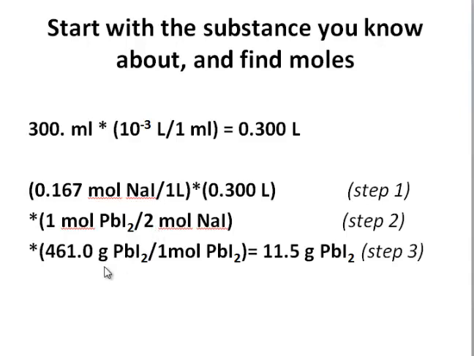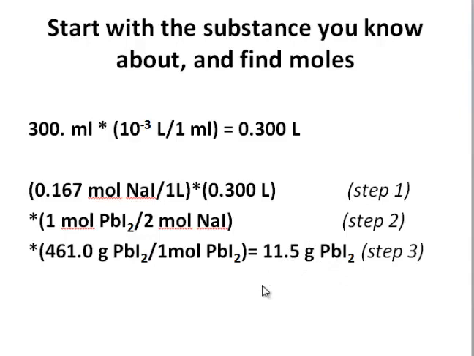And then a final step, step 3, which you performed many times before. We convert moles of lead iodide to grams by multiplying by the molar mass in the numerator over 1 mole in the denominator. The solution is 11.5 grams of lead iodide.